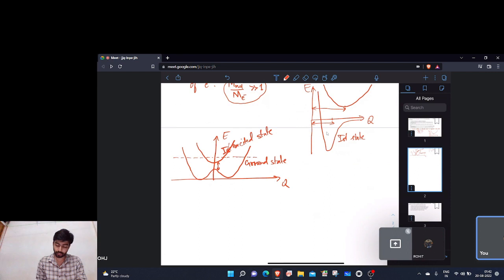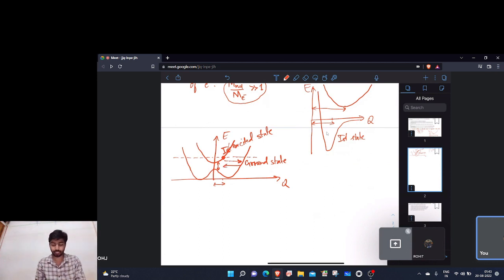Now when the nuclei vibrate, the nuclei present at this position change the electronic surface from the first excited state to the ground state, and when coming back to the original position go from the ground state to the first excited state.